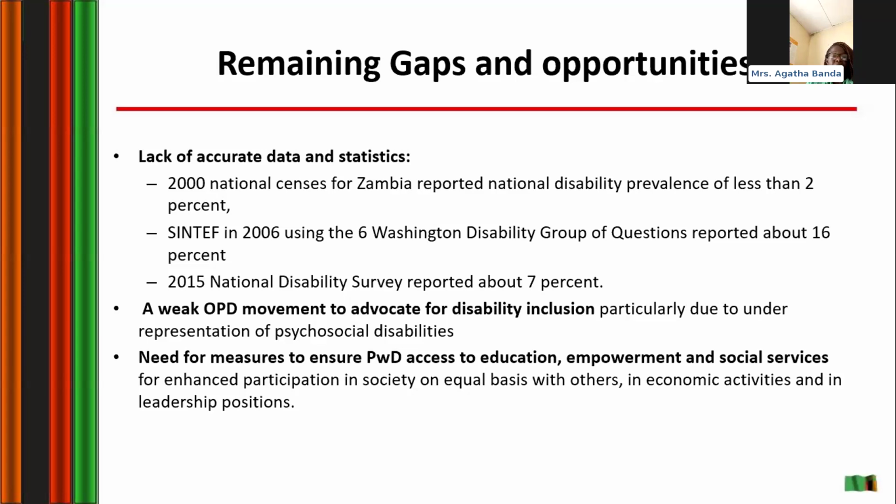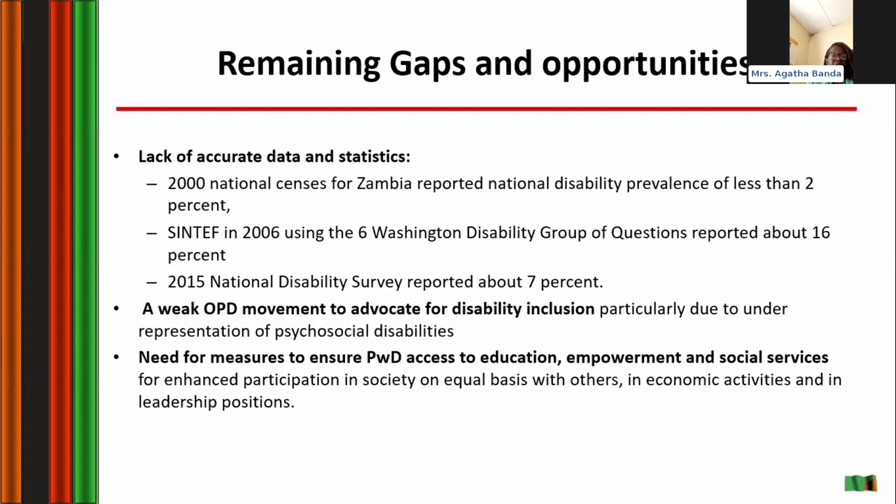This approximated the prevalence at 7%. And in 2022, we had the national census. The national census puts Zambia's population at slightly above 19 million, but unfortunately, we have not received the statistics for the prevalence of persons with disabilities.